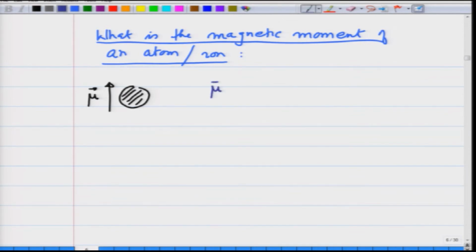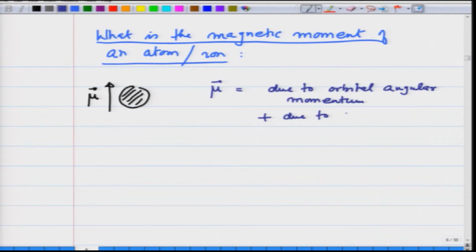Mu will be one due to orbital angular momentum plus due to spin, both of electrons.